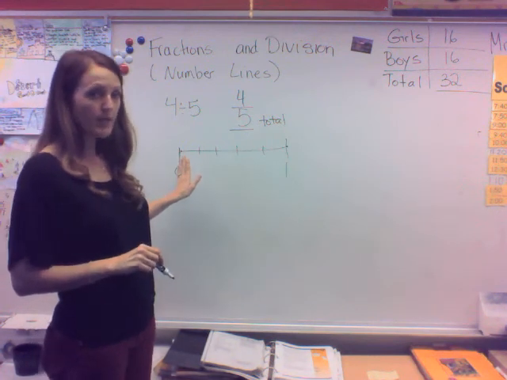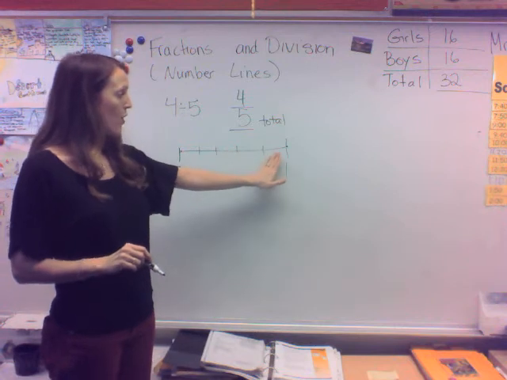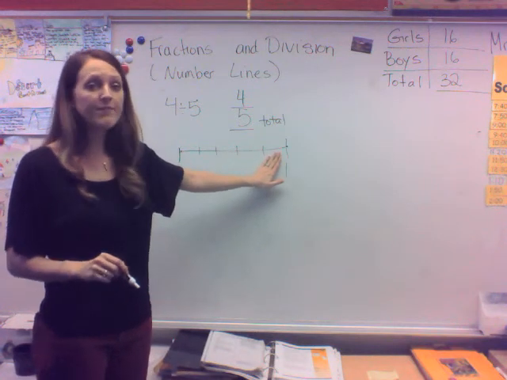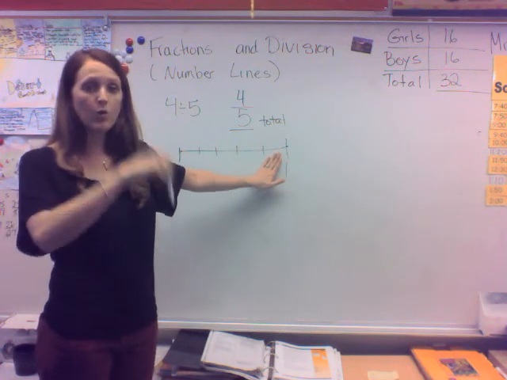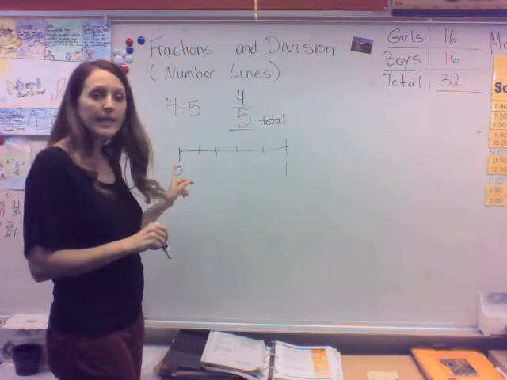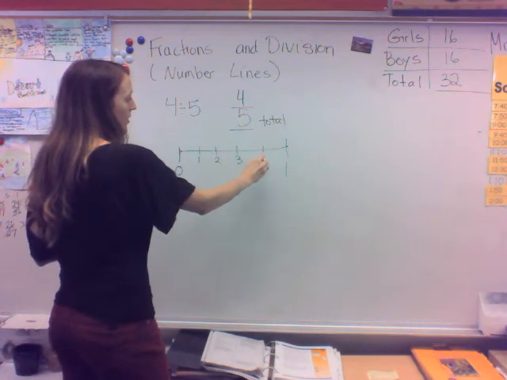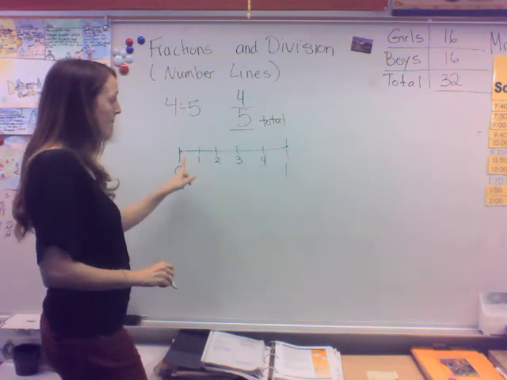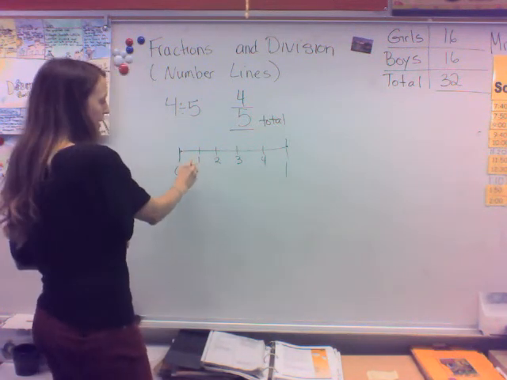Do I have the right number of pieces? 1, 2, 3, 4, 5. If I don't have 5 pieces, I would need to adjust it, either adding 1 more piece or taking a piece away. Then I get to label it. Here's my first, second, third, and fourth piece. But my number line is between 0 and 1. Remember, these are fractions.